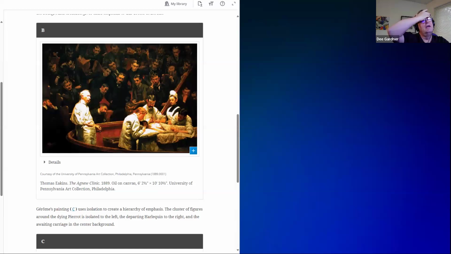This is an interesting one, similar to the comic. It's obviously a group of guys doing an operation.